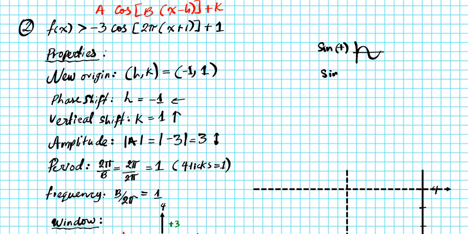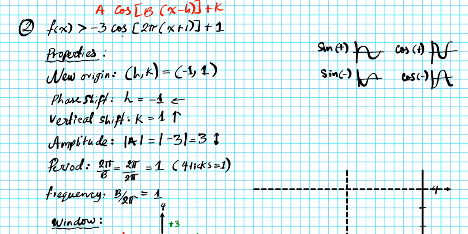If the sine were negative, you're going to have an S going in the other orientation like that. Okay? Cosine. If cosine is positive, you're going to have a cup like this. And then if the cosine were negative, you have a cup that's inverted. So please pay attention to the sign of your function before you plot the points.